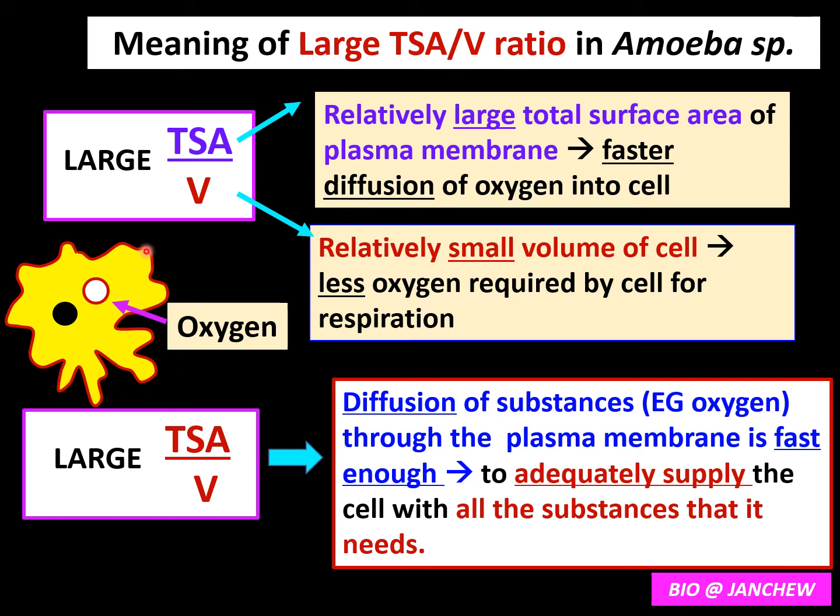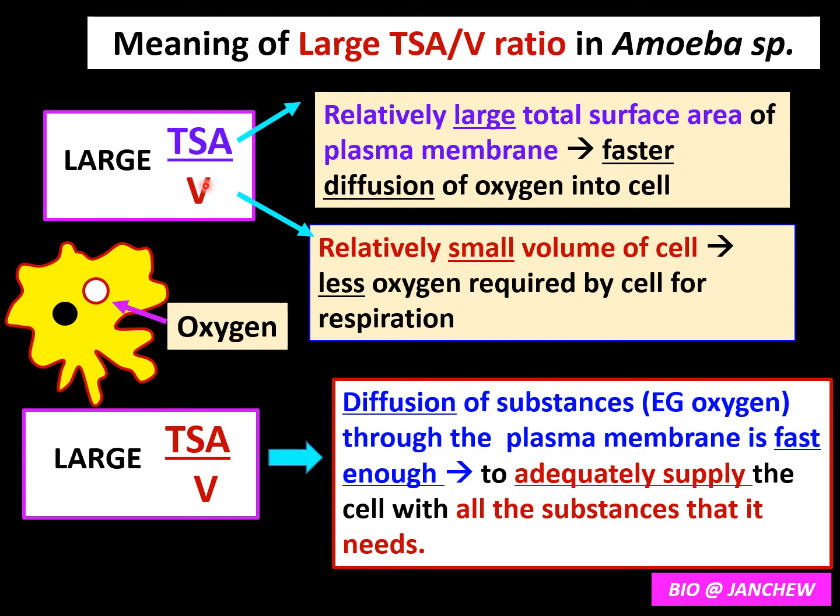An elephant has a large total surface area of its skin, but we are not talking about the total surface area. We are discussing the total surface area per volume ratio, and this TSA per volume ratio means that we are comparing the total surface area in relation to the volume.